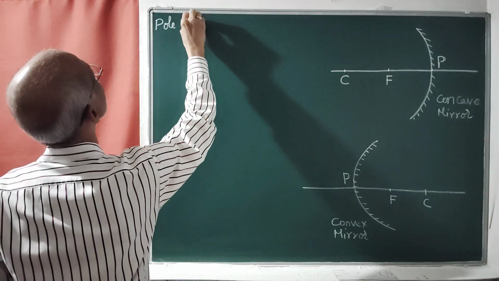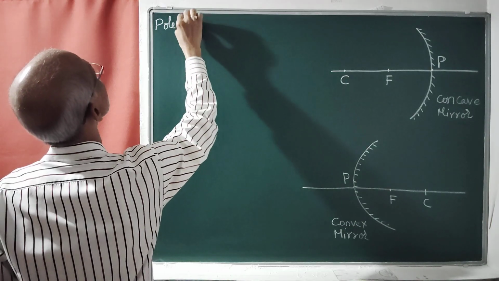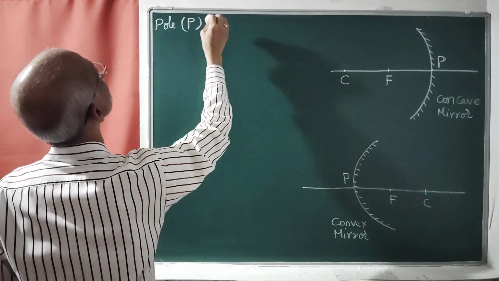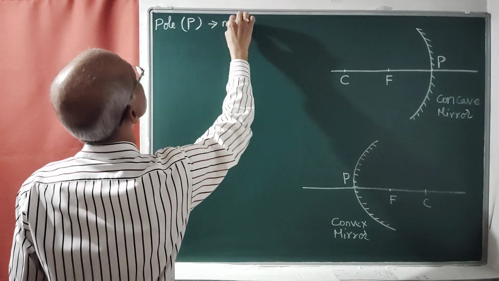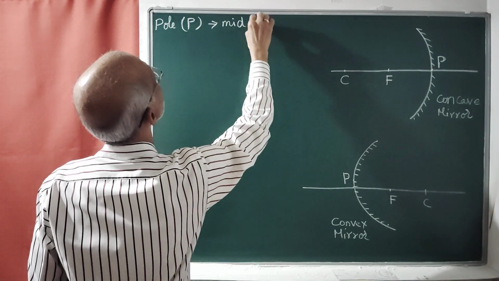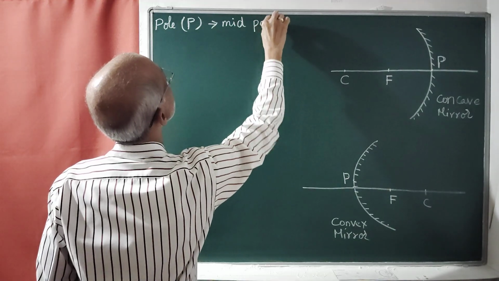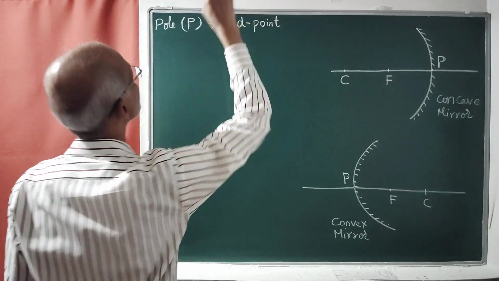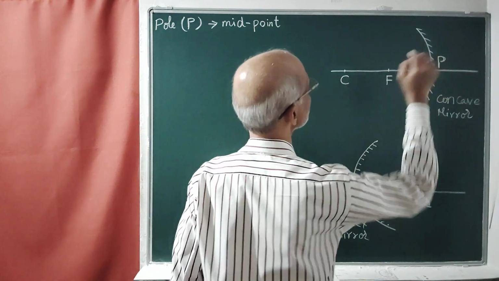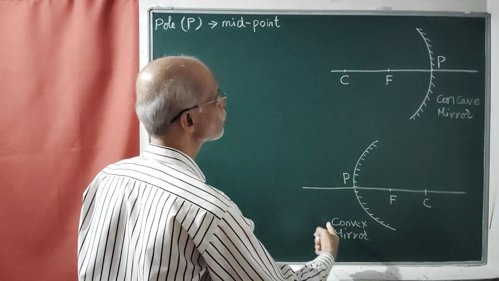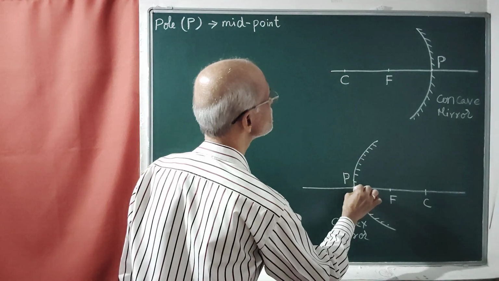Pole is represented by P. P is the pole of the mirror. In the case of a convex mirror, P is the pole. Pole is here.